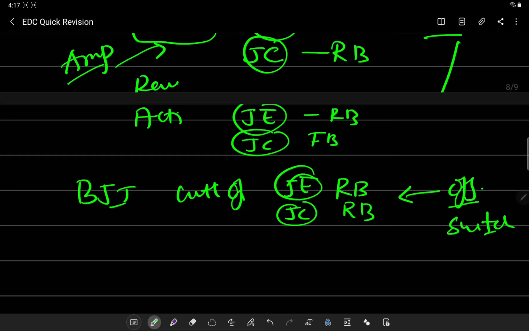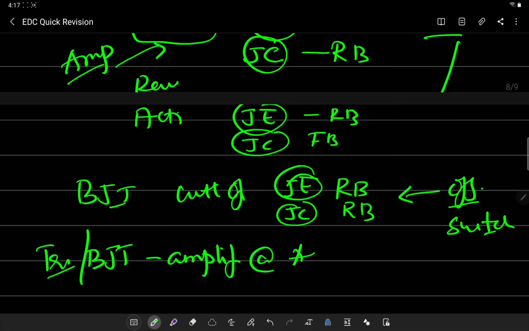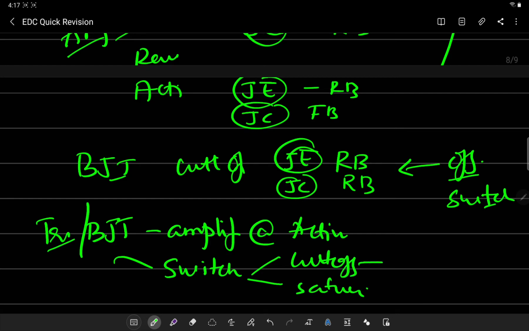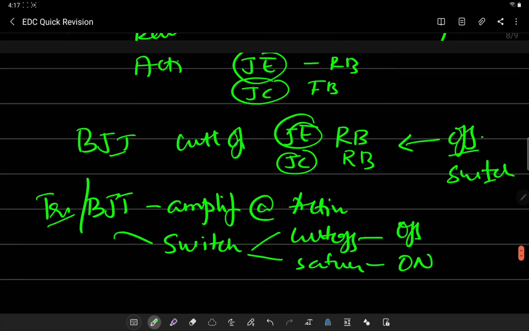So the BJT will work as an amplifier in active region, and it will act as a switch in cutoff and saturation regions.